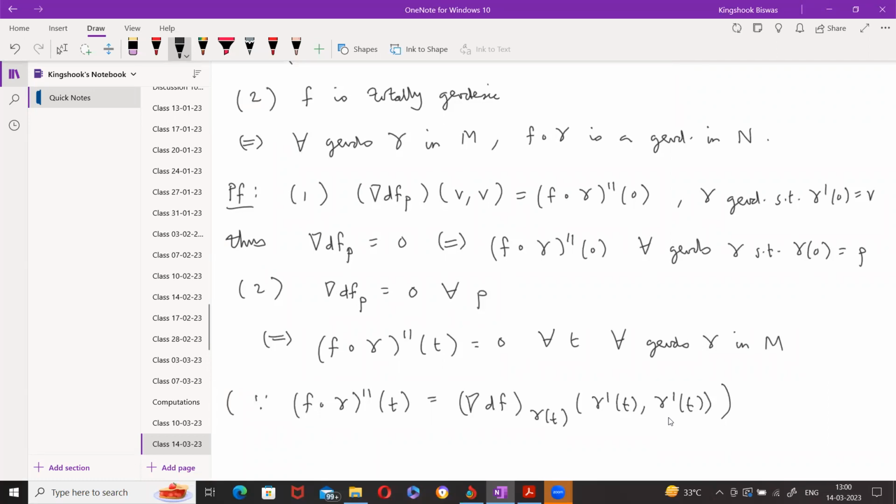So that's it. So (F composed gamma)'' equal to 0 means that F composed gamma is a geodesic, right? So that's it. Okay, so this is if and only if F maps geodesics to geodesics. Okay. Okay, fine.